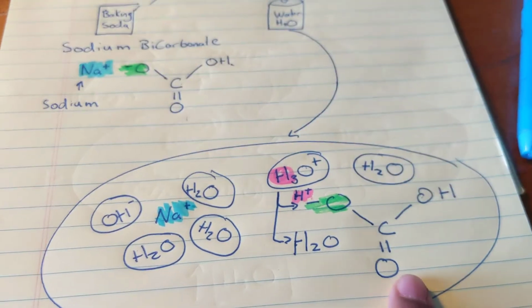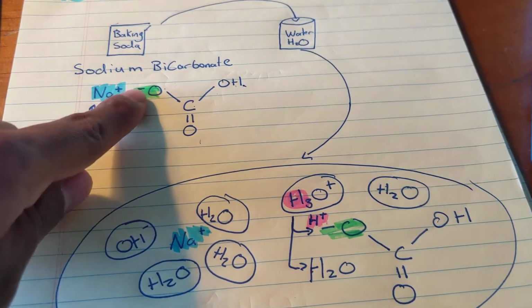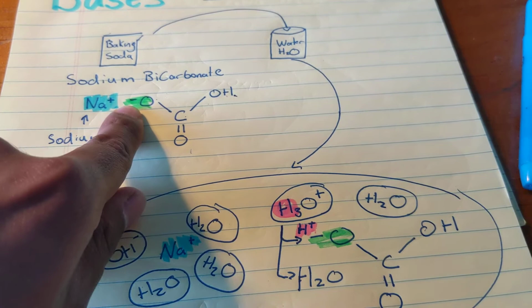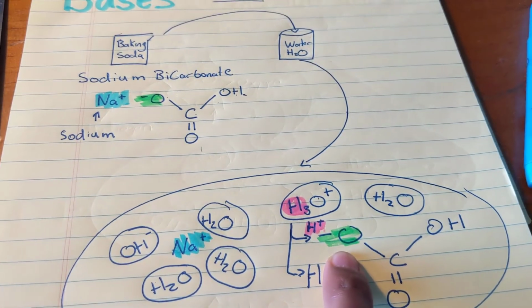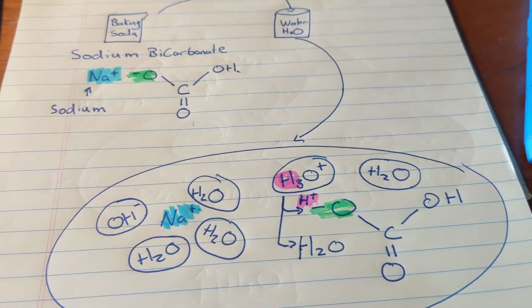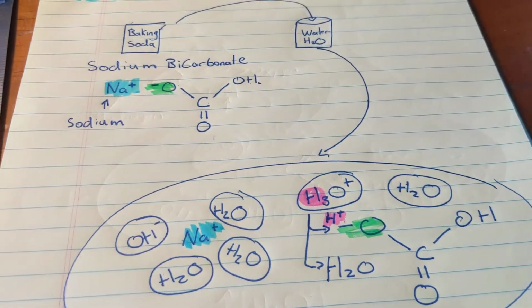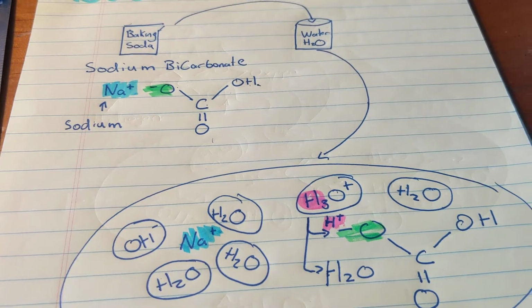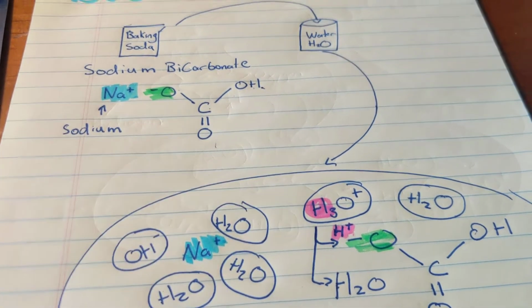And now we have this bicarbonate ion, and we've got this O with a negative charge, this oxygen with a negative charge. So what this oxygen is going to be looking for, it's going to be looking to take a hydrogen ion, or H plus ion, to help balance it out.